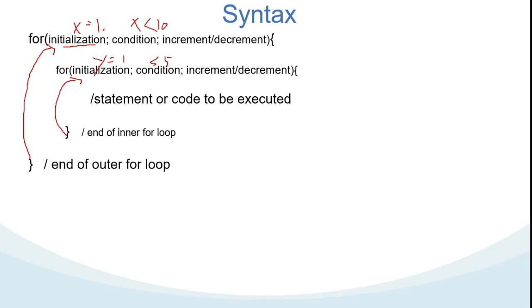Increase x by 1, becomes 2, and then check the condition, 2 less than 10. If yes, then go back to this. Now we will run y starting from 1 again, and then again check the condition. If it's true, execute. We complete all the looping in the inner loop. Once it's fulfilled, quit, go back to the outer loop, and then increase the variable by 1 and then check again the condition, and so on and so forth.